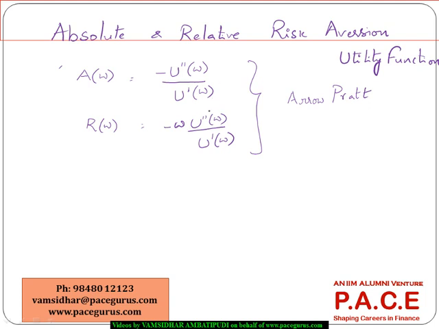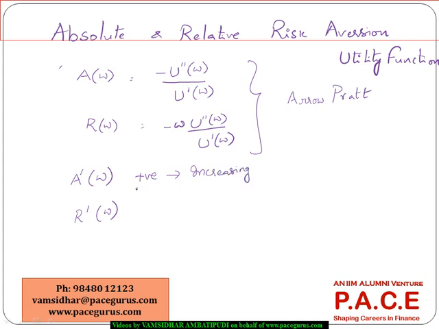So generally, when we look at computing the expression for absolute risk aversion or relative risk aversion, the good thing is the moment I take their first derivative, either the absolute risk aversion's first derivative or the relative risk aversion's first derivative, I can actually conclude that if this first derivative is positive, then it is an increasing absolute risk aversion.